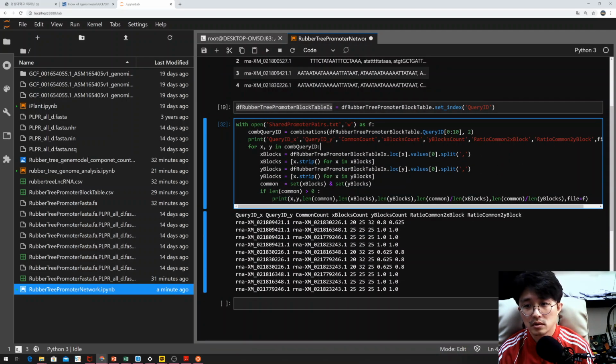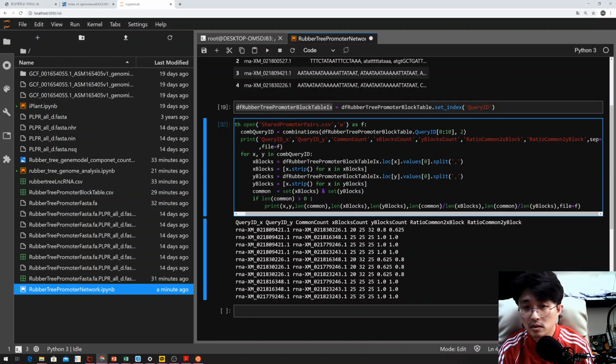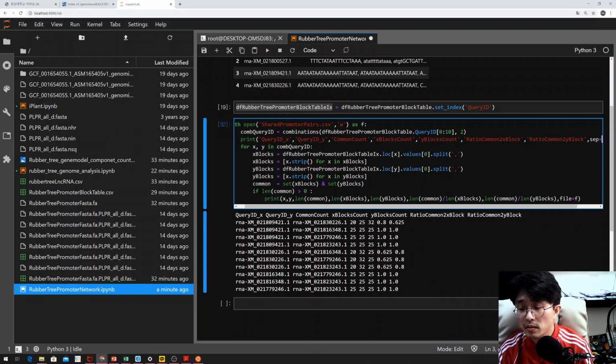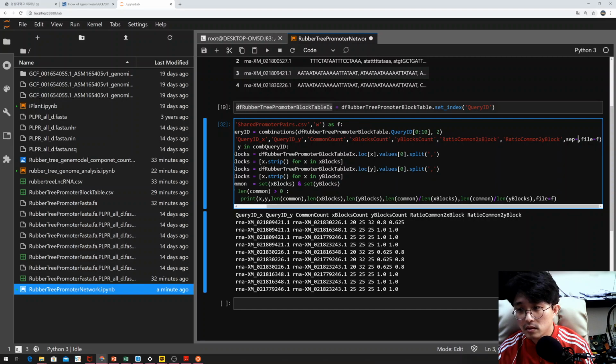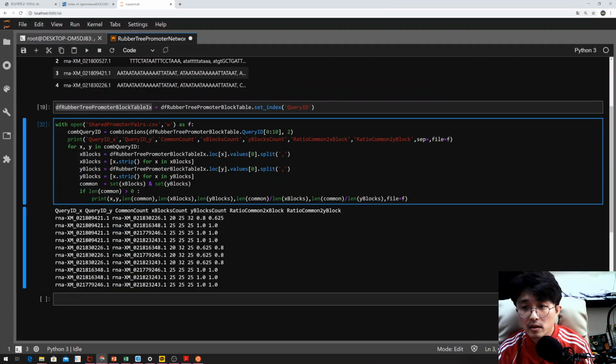Good. But I like to have CSV, so I put here separation with comma.